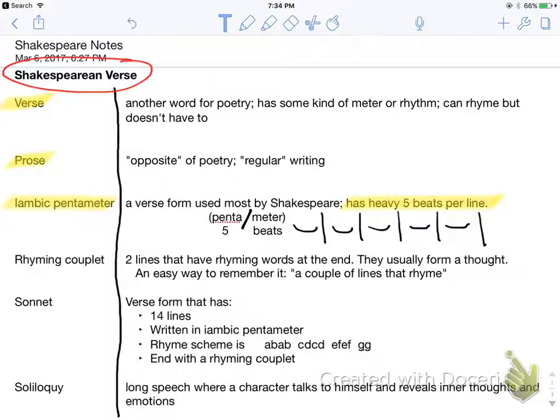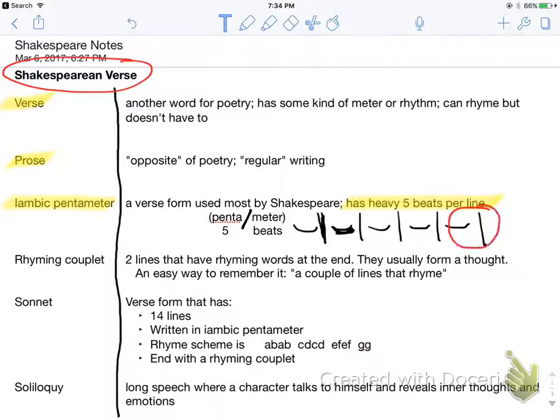These straight lines going up and down are considered the heavy beats. Those are the syllables that really get a little oomph. And the ones that look a little bit like shallow U's are the syllables that do not get a lot of oomph. And if you notice, there's 1, 2, 3, 4, 5 of these heavy beats that would happen on a line.